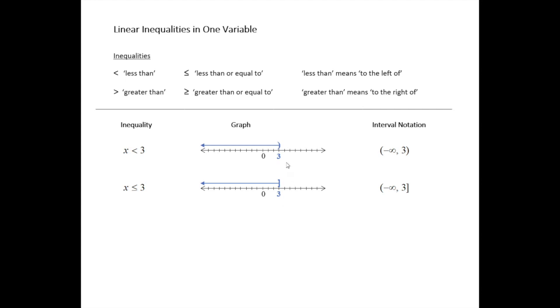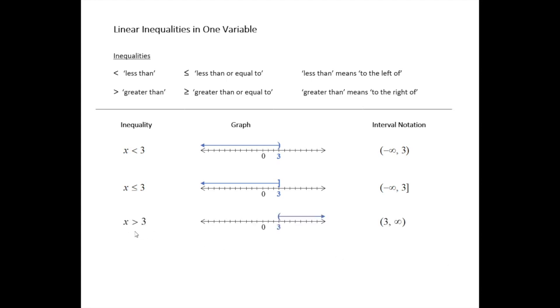So we will always use round brackets when there is no equals and square brackets when there is an equals. For the interval notation, the lower bound is again negative infinity because this goes forever to the left, and the upper bound is 3, and this time we use the square bracket to show that the 3 is included. Remember, we always use round brackets for infinity.